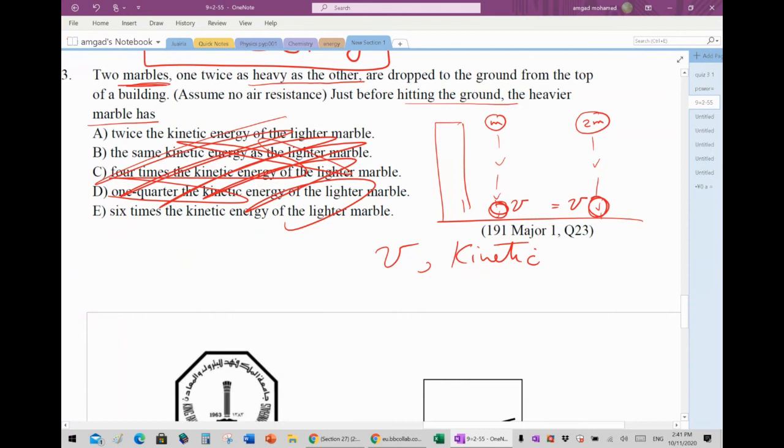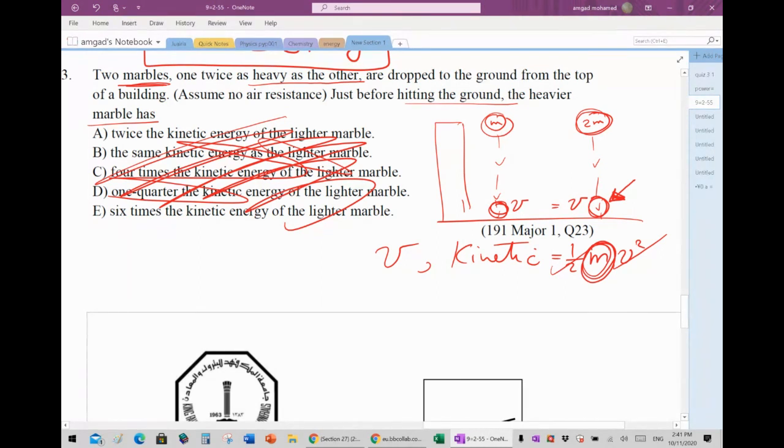But do they have the same kinetic energy? You said they have the same speed, but do they have the same kinetic energy? Kinetic energy is what? Half mv square. Half is the same. Speed is the same. But what about the mass? This one is bigger than the other, so I expect the bigger one has double the kinetic energy.